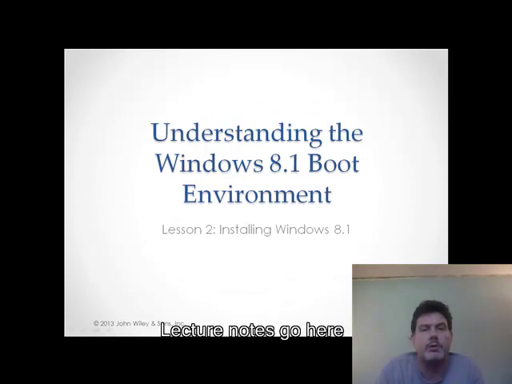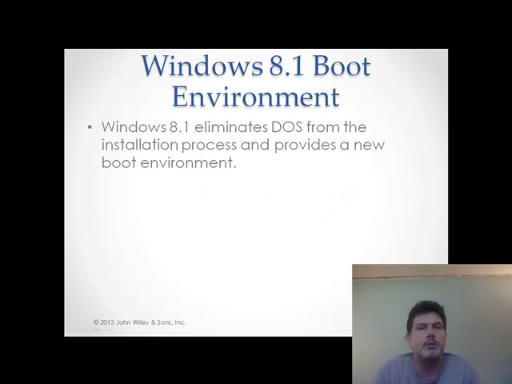First of all, I want to talk a little bit about the boot environment for Windows 8.1 before we actually talk about the installation of the Windows operating system itself. First, a little bit of history. Prior to Windows 7, that is Windows XP, all the way back to the earliest incarnation of Windows, we used an operating system called DOS in order to install the Windows operating system.